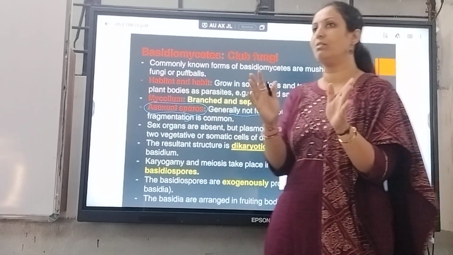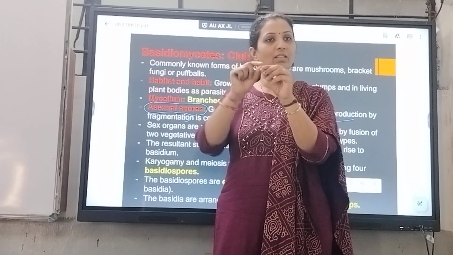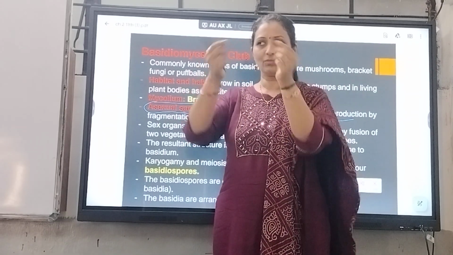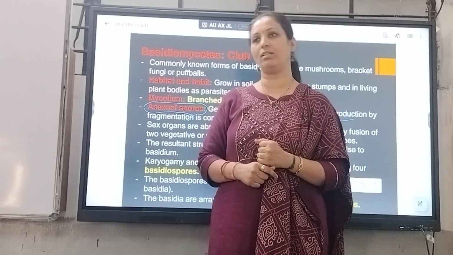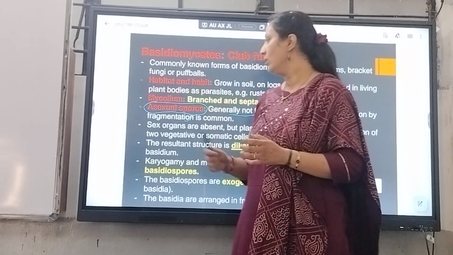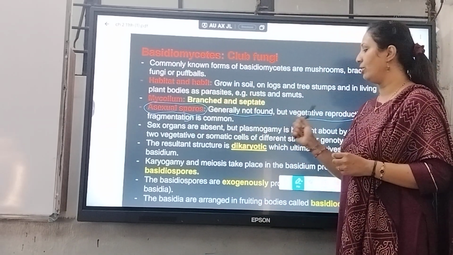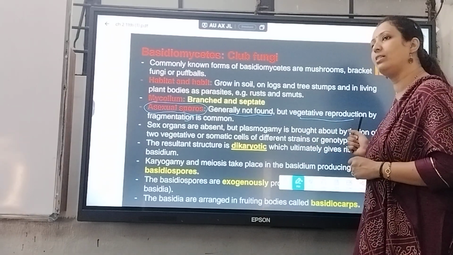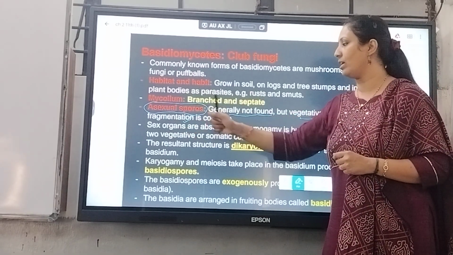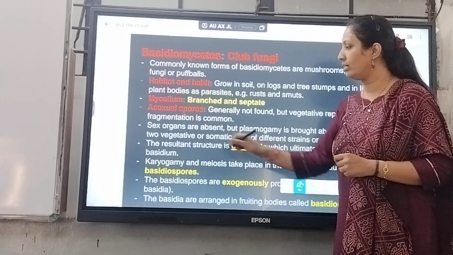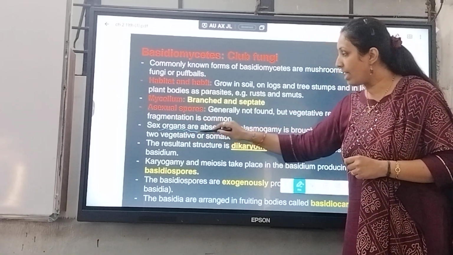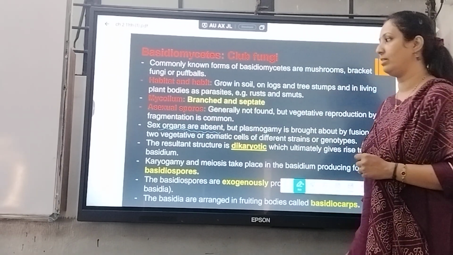Fragmentation. Clear the concept: when the fungal body fragments, each fragment grows as an individual organism. Clear? So asexual spores are generally not found, but vegetative reproduction is there, and that is by fragmentation.